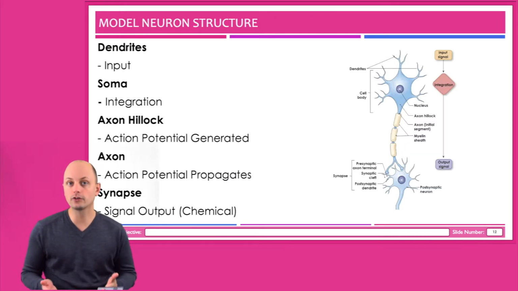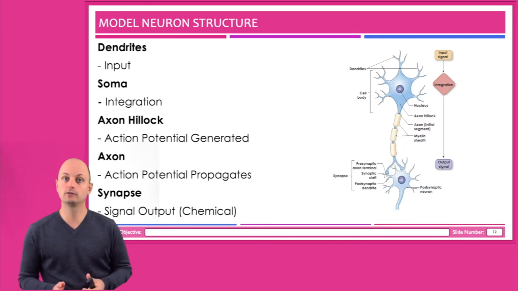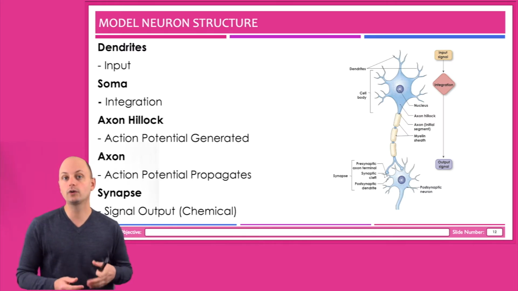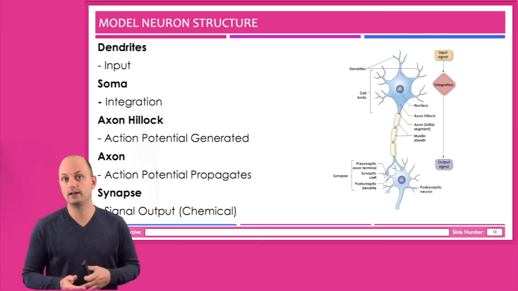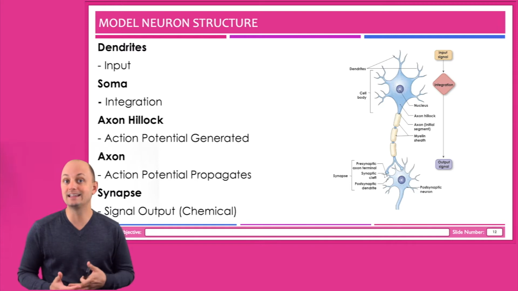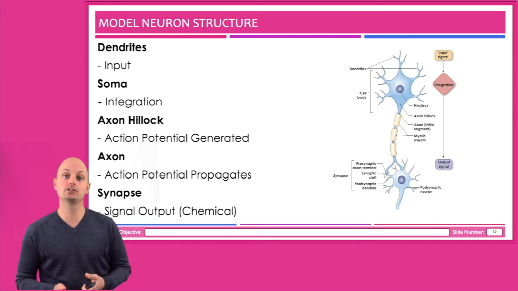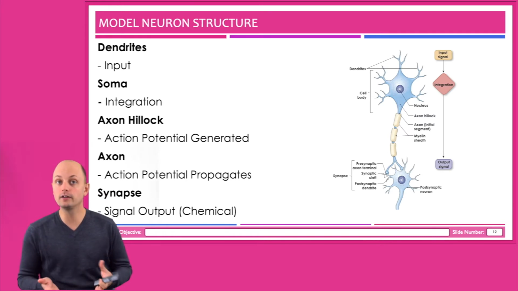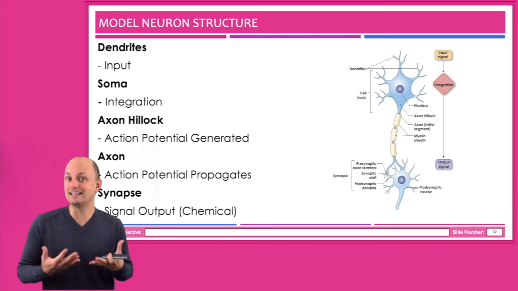So here's another cartoonized view of a neuron representing each of those regions that I just talked about. We're going to work through the rest of this unit by talking about what happens in each of these regions. And what you're going to see is that dendrites are typically the region of signal input to the neuron. The soma is the place where signals are integrated.